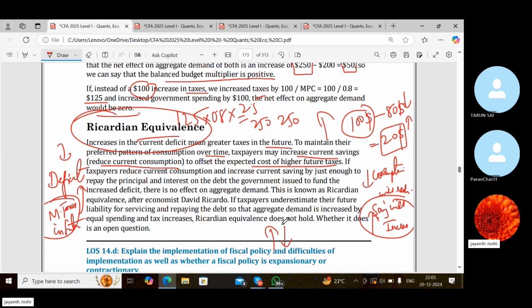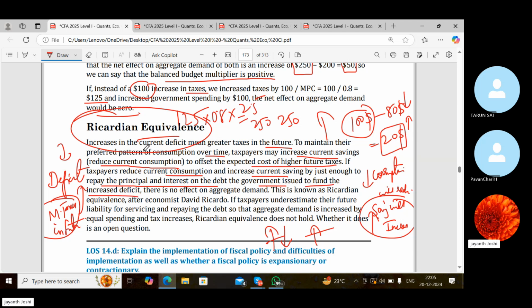So it is offsetting. Why are they doing this? They are increasing savings and decreasing consumption so that they can pay the higher future taxes. If taxpayers reduce current consumption and increase current saving by just enough to repay the principal and interest on the debt the government issued to fund the increased deficit, then there is no effect on aggregate demand.